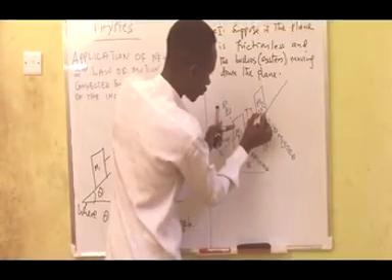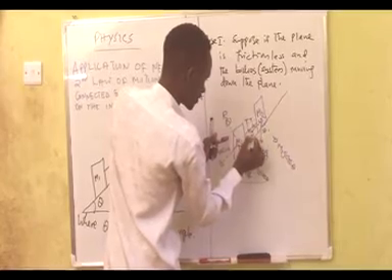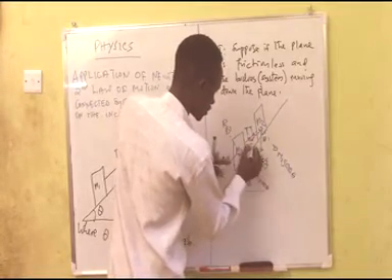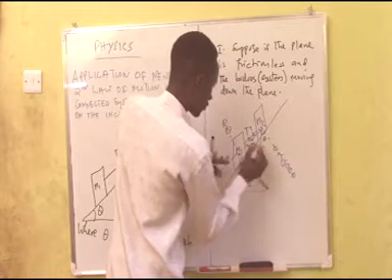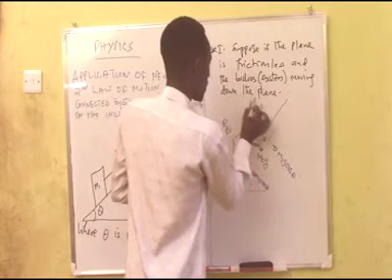And the component down the plane is M2 G sine of theta, and the normal reaction R2.